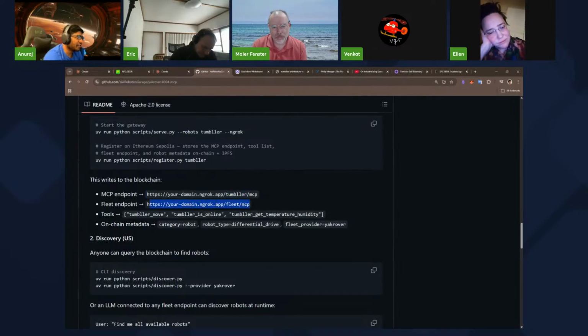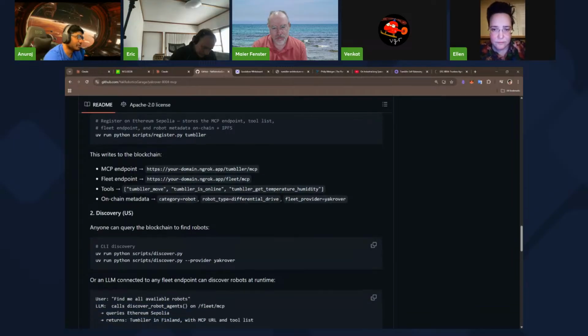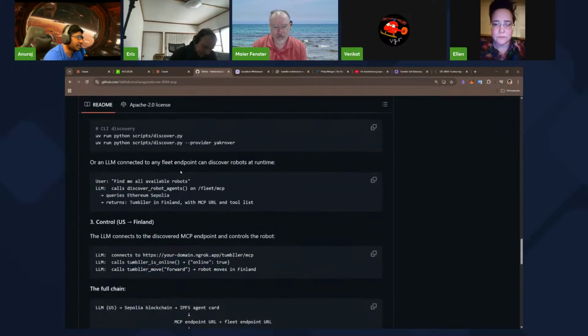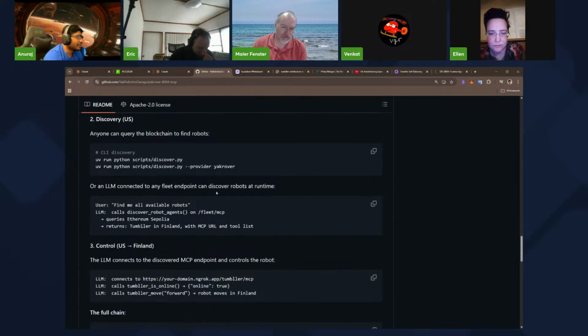Once you know the fleet URL, you can find all the robots that are on chain with the LLM. So if somebody in the US wants to, they first run this, either they discover, and then they will know the fleet MCP server. Then you add that MCP server to your local LLM, and you should be able to interact with it in natural language.